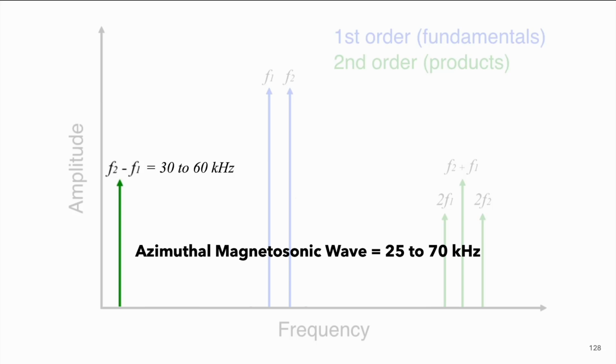A lot more research needs to be done on this to draw any conclusions, but the current working theory is that this intermodulation generated signal is interacting with the azimuthal magnetosonic wave, and the azimuthal magnetosonic wave is responsible for reducing the divergence of the electrons. So imparting energy into the magnetosonic wave could then be reducing the divergence of the thruster's plume and increasing performance.